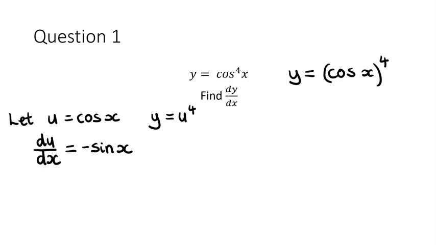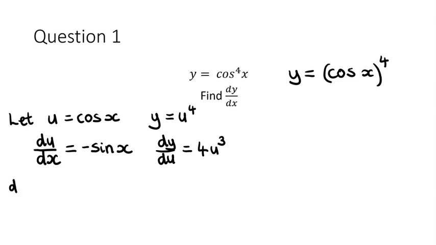And what I also need to work out is dy by du, so differentiate y with respect to u. So I'm going to need to differentiate this u to the power of 4. So I'm going to multiply by the power and then take 1 off the power, for 4u cubed.